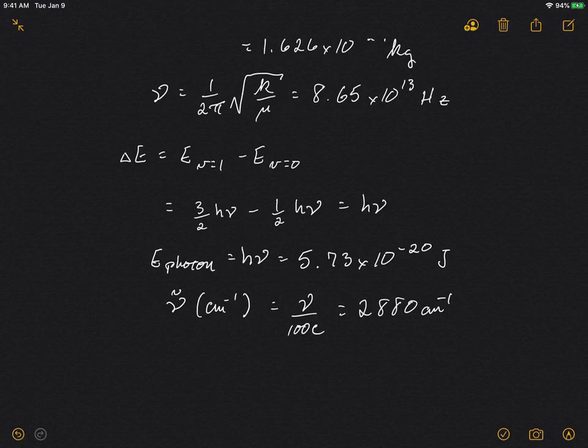So yeah, that doesn't make sense based on our knowledge of the world around us. Okay, so 2880 wave numbers is what I get, and again, that's where we'd expect the peak to show up in an infrared spectrometer.